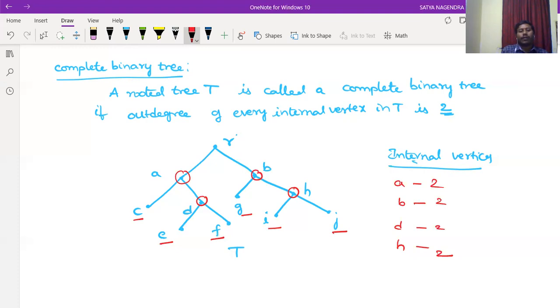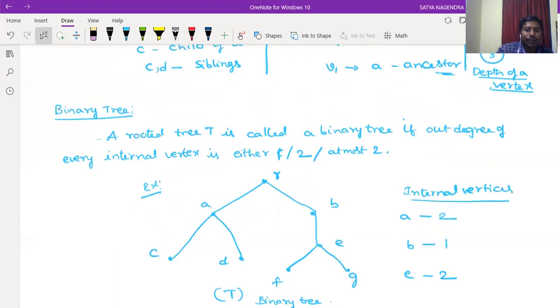Okay, so if you have a rooted tree where the out degree of every vertex in that tree is 2, you can call this tree a complete binary tree. So what about the example that we have taken for binary tree? See this, in the definition itself, there is a difference.